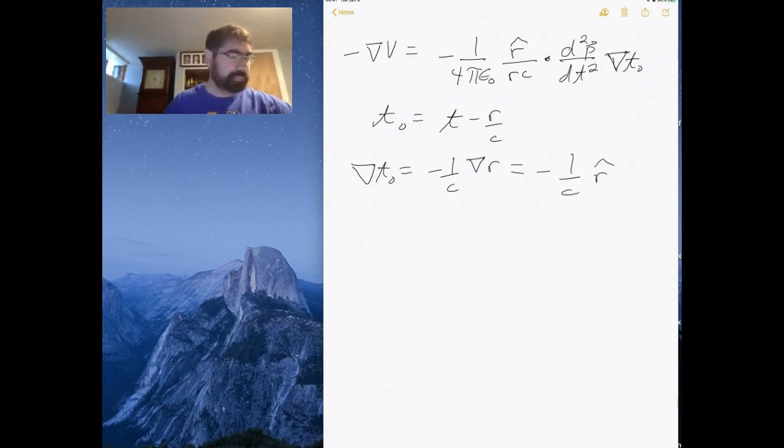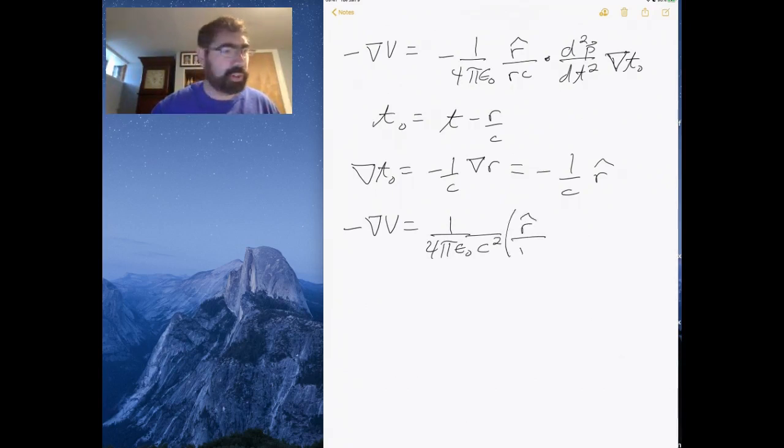And so what we have is, again, dropping any terms in 1 over r squared, minus the gradient of the electric potential is 1 over 4 pi epsilon naught c squared, r hat over r dotted into the second derivative of the dipole moment with respect to time in the r direction.